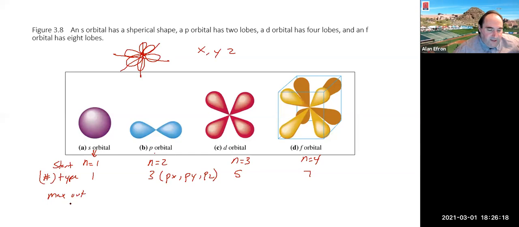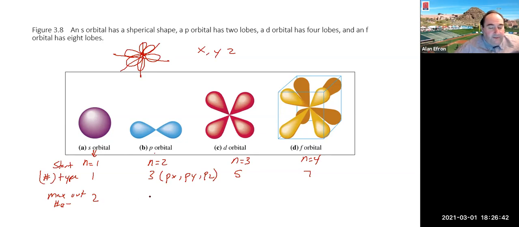s orbitals can only hold a maximum of 2. We'll talk about valence electrons too in just a bit as well. So we can max out with 2 electrons in our s orbitals.